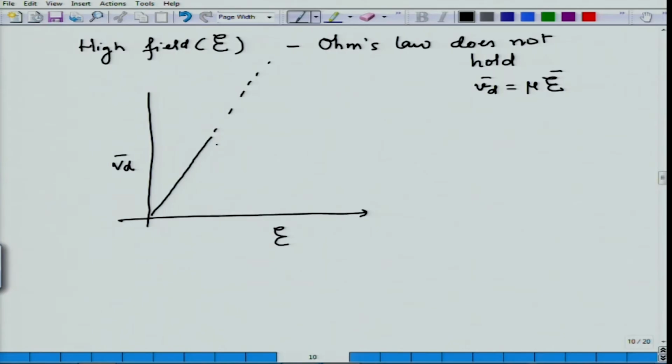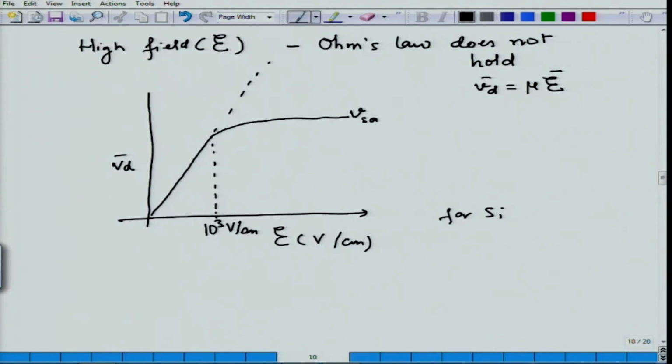And this linearity holds up to a certain field; for silicon this field is about 10 to the power 3 volts per centimeter. After that it is not following Ohm's law anymore, and it saturates to a value which we call V saturation.